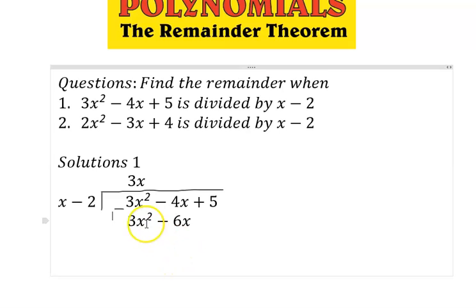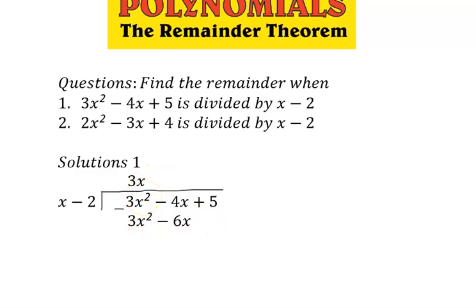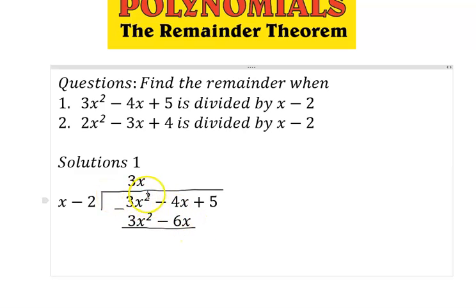Now, what are we going to do? We subtract this from this. Beautiful. So let's subtract 3x squared minus 3x squared to give us 0. 3x squared minus 3x squared will give us 0.